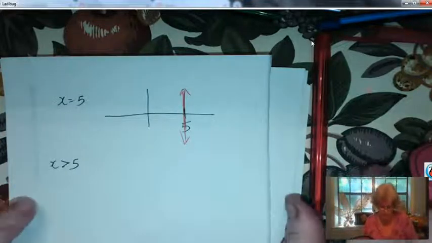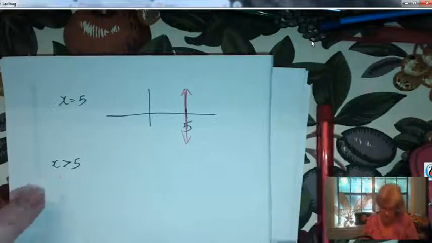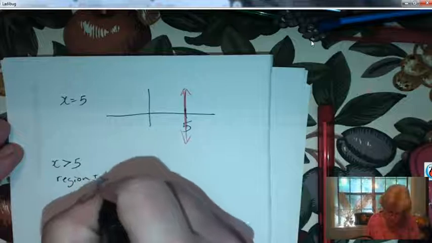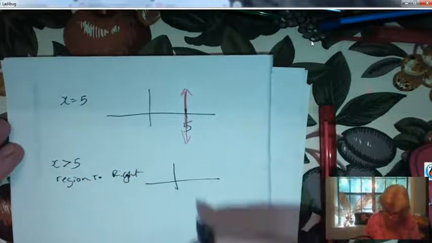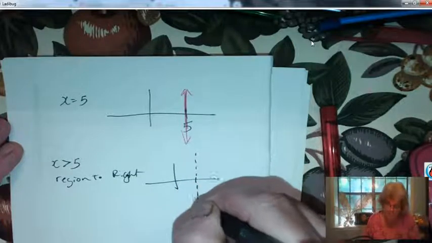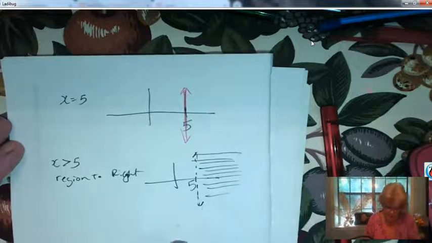So only for a vertical line, follow the arrow. And this is going to be the region to the right, strictly to the right. So we would not include the line, but we'll have an infinite region. It'll be everything to the right.